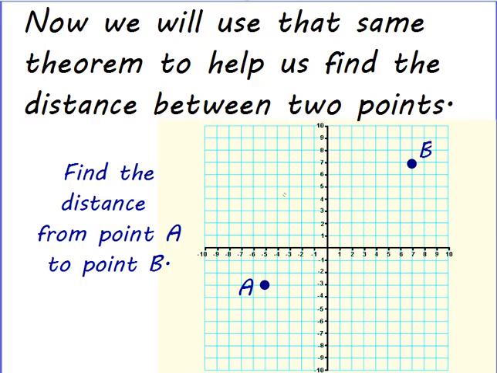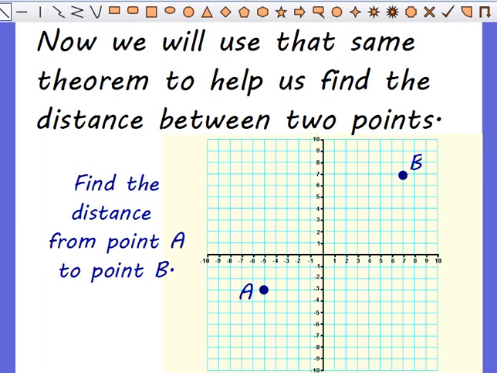So now that we know the theorem, we're going to use the Pythagorean theorem to help us find the distance between 2 points, because sometimes distance isn't easy to find. We're going to find the distance between point A and point B. And to do that, we're going to call upon a couple of lines here.